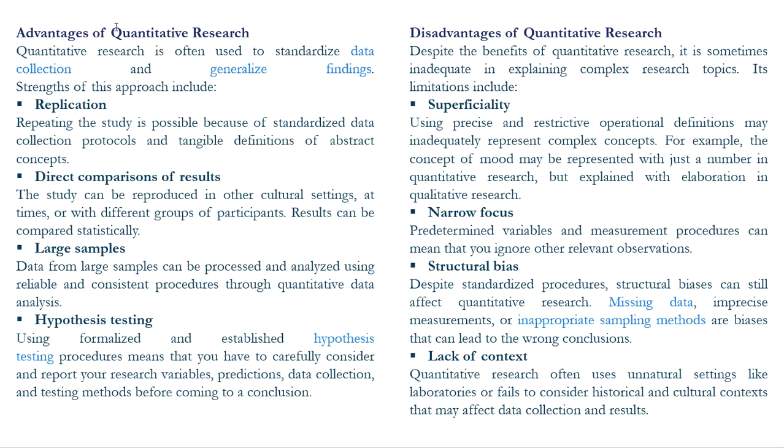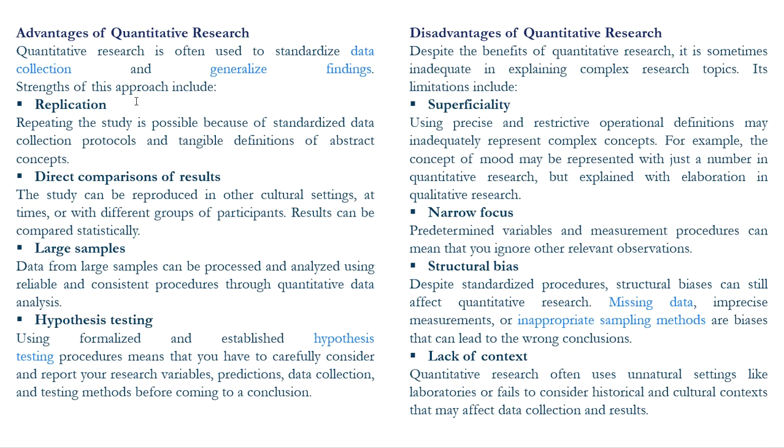Next, the advantages and disadvantages of quantitative research. The advantage of quantitative research is the standard collection and generalized fact-finding methods based on replication and direct comparison of the various results, and large sampling methods, identification and modeling testing cases, and hypothesis testing. That means a procedural manner to report the research variable activities, production mechanism, data collection, and testing tools and methods, and comparison.